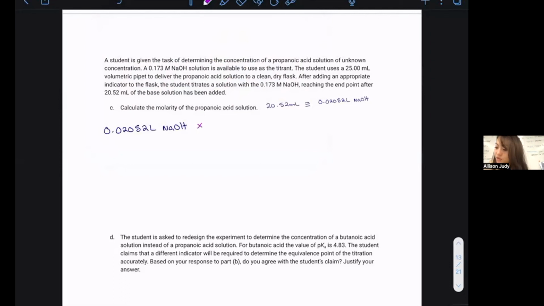So given that 0.02052 liters of NaOH with a molarity of 0.173 moles per liter was used, we know that the moles of NaOH, in sig figs and scientific notation, was 3.55 times 10 to the negative 3 moles of NaOH consumed.